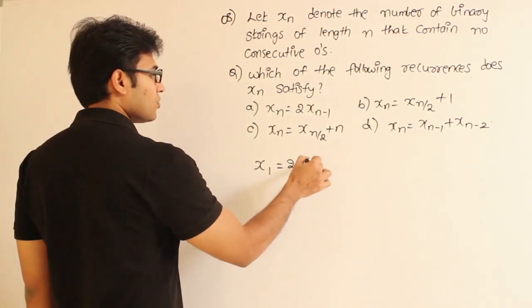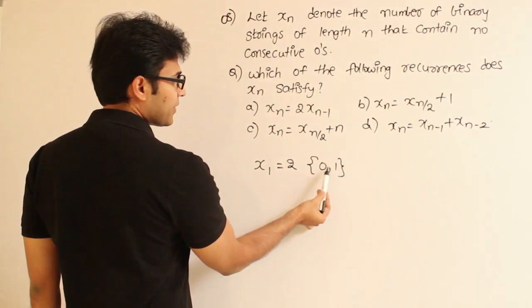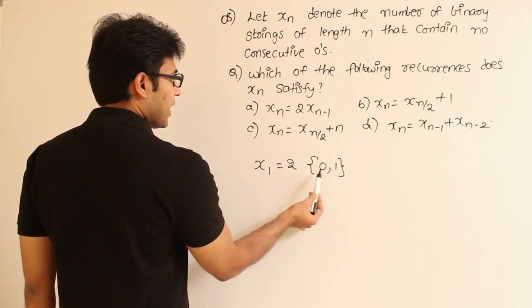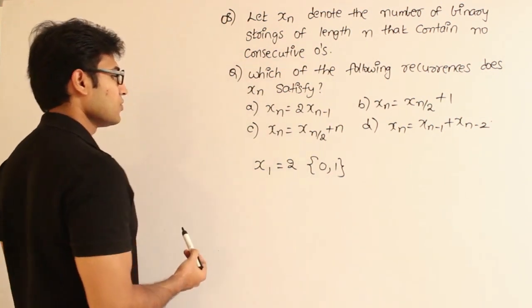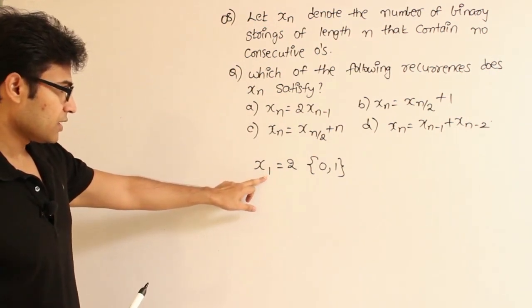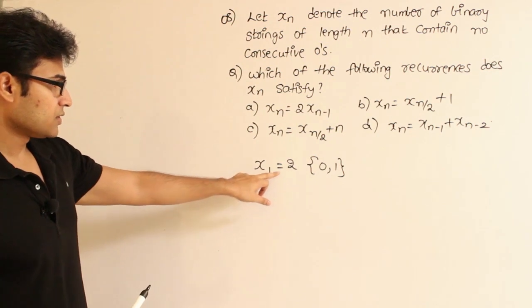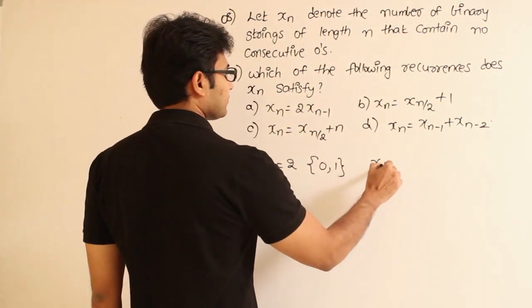X1 is 2. So what are they? 0 and 1, isn't it? These are the two binary strings of length 1, and in these there are no consecutive zeros. Therefore the number of binary strings of length 1 which do not contain two consecutive zeros is 2. What about x2?